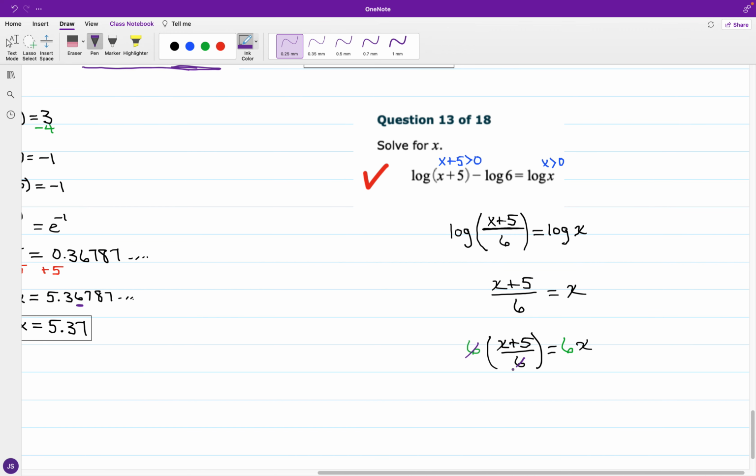So the 6's go out on the left, and this equation will become x plus 5 is equal to 6x.